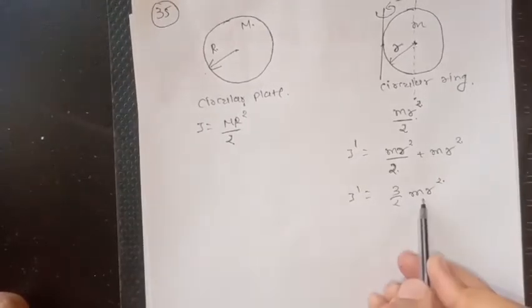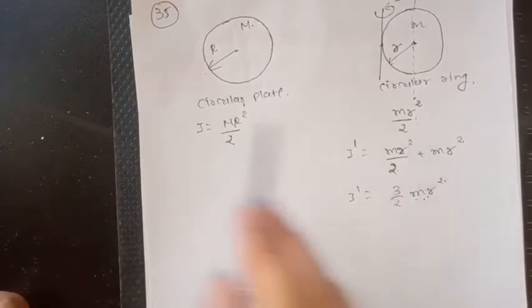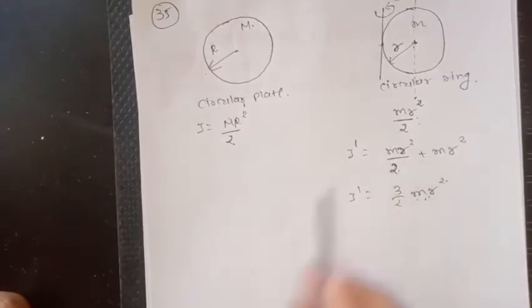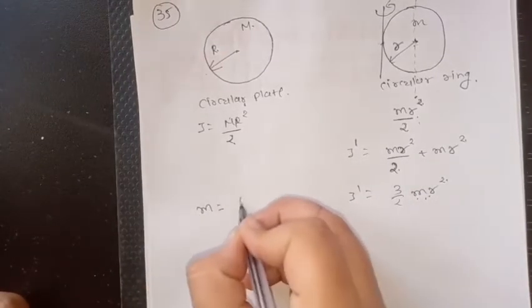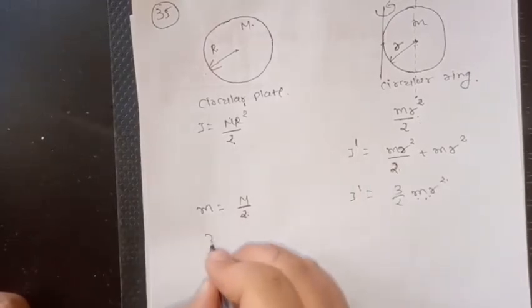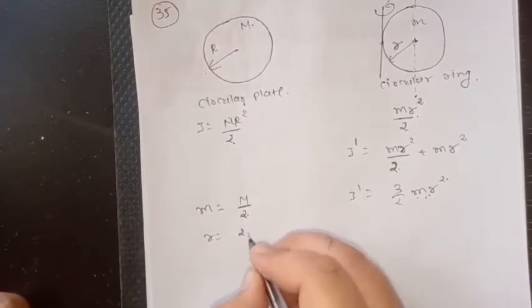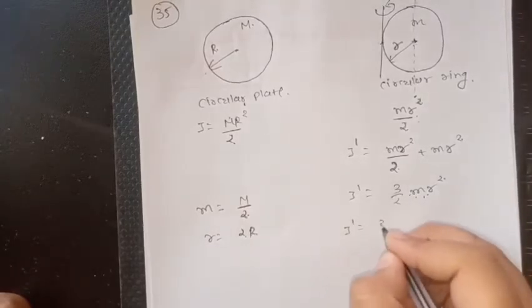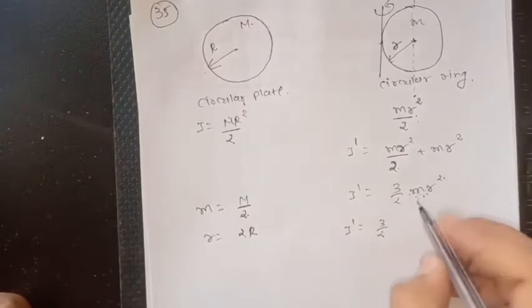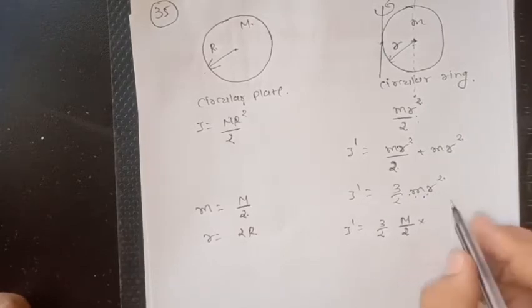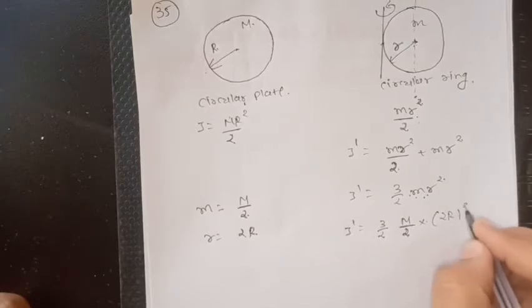Here the relation between the mass and radius of the ring and circular plate are given. The mass of the ring is half of the mass of the circular plate, and the radius of the ring is 2 times the radius of the circular plate. Put these values in this equation. I dash is equals to 3 by 2, m is equals to capital M by 2 into r is 2r whole square.